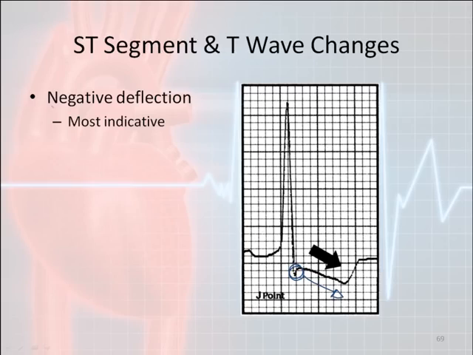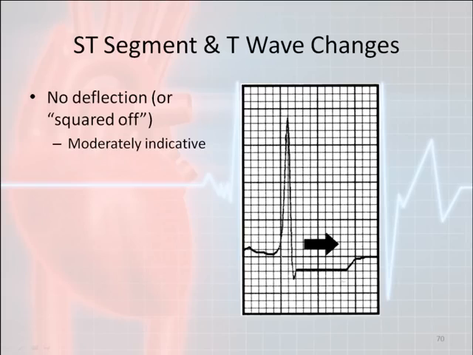If your ST segment has a negative deflection, that is most indicative of subendocardial ischemia. Most indicative of subendocardial ischemia is an ST segment that has a downward deflection.